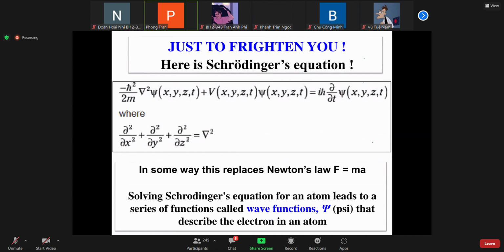So to solve the probability to find the electron in space, you need to solve the Schrodinger equation. Just to frighten you a little bit. We will not need to solve this equation for the moment.